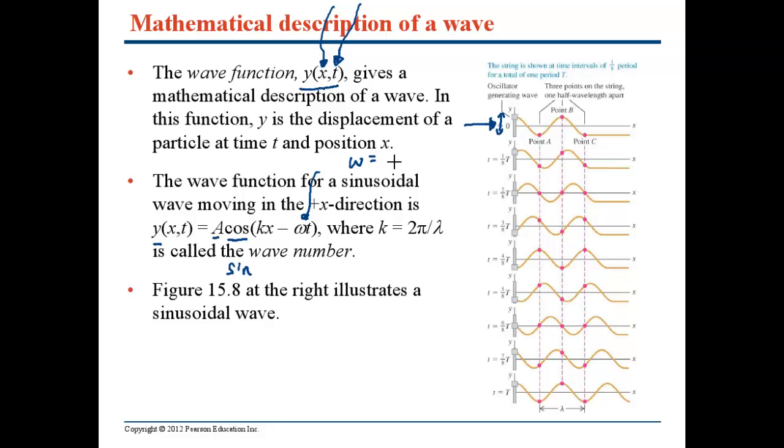Remember that the angular frequency is 2 pi multiplied by the linear frequency, which is also related to the period. The new term is kx, where k is called the wave number, and that's equal to 2 pi divided by the wavelength. It's very important to be able to recognize and use these equations to convert back and forth between frequency, angular frequency, and wave number.